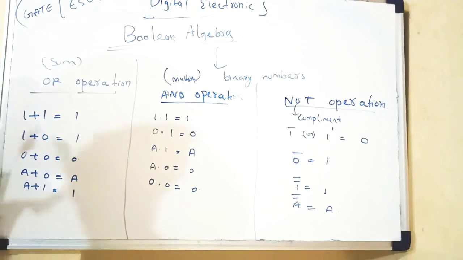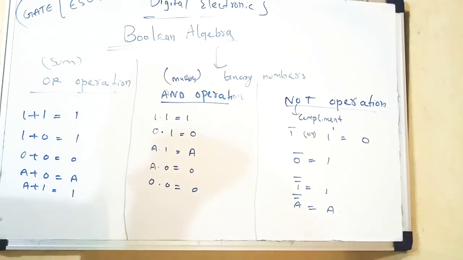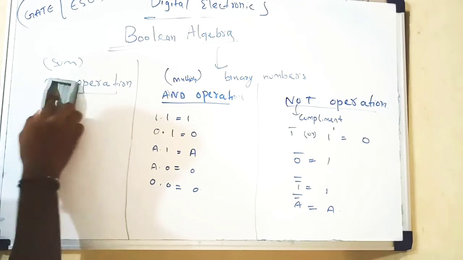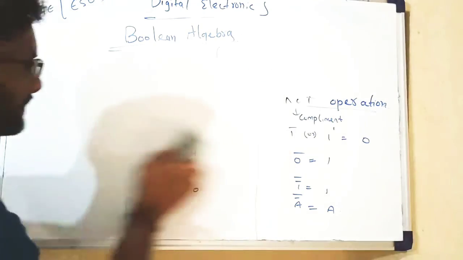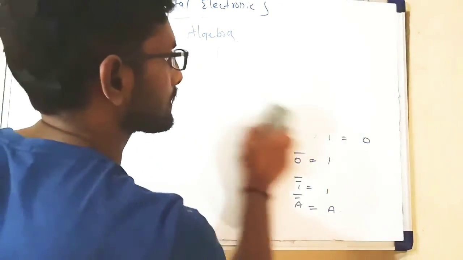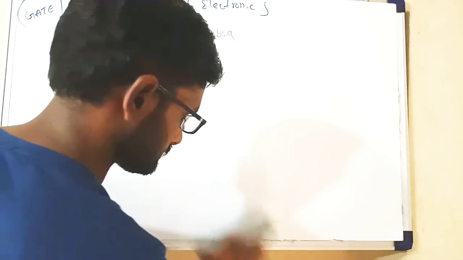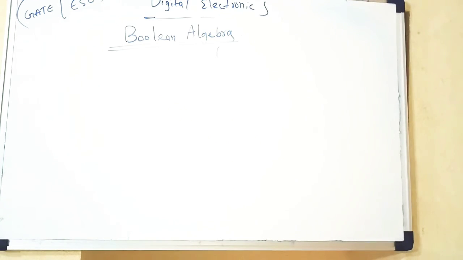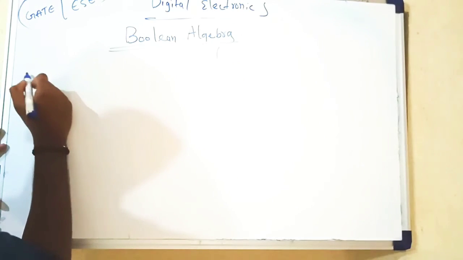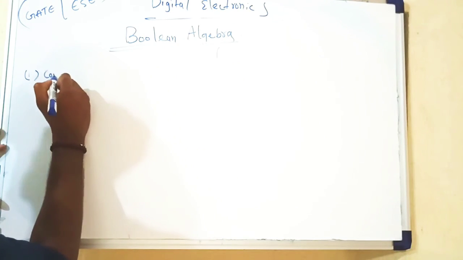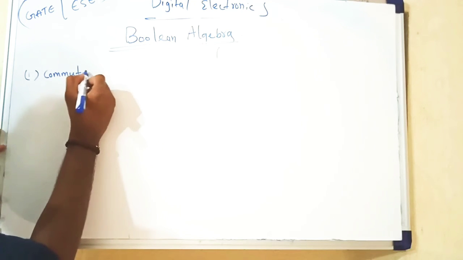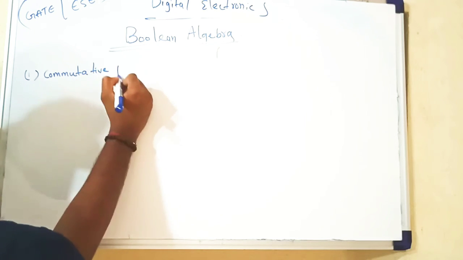Now we'll see the properties of Boolean algebra. First one is the commutative property.